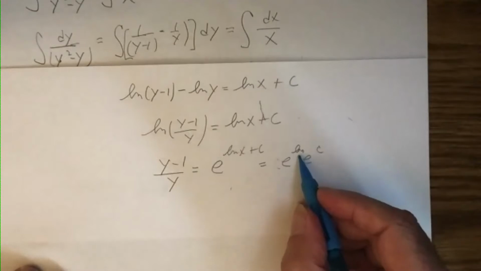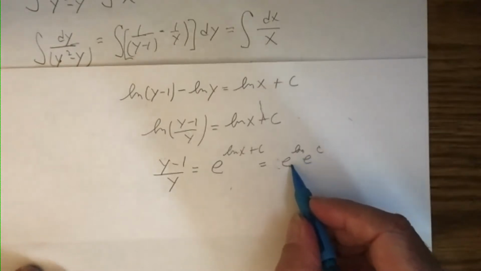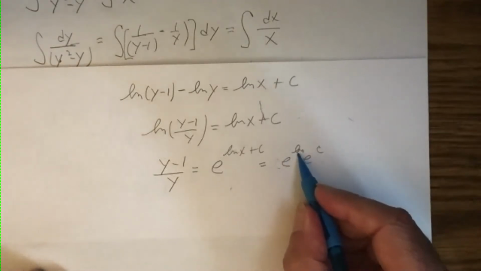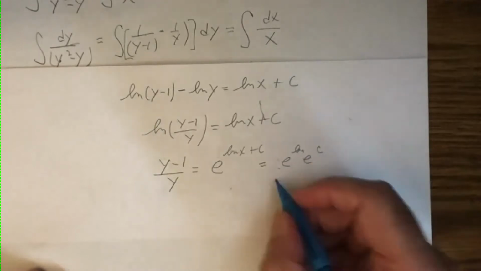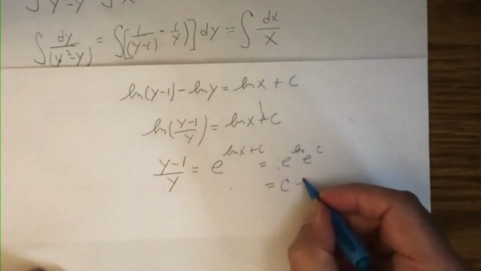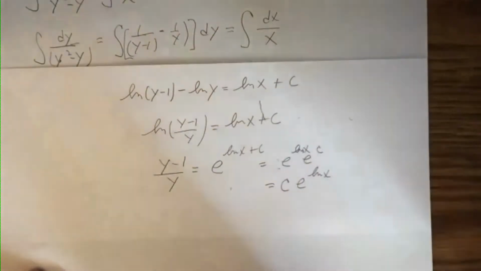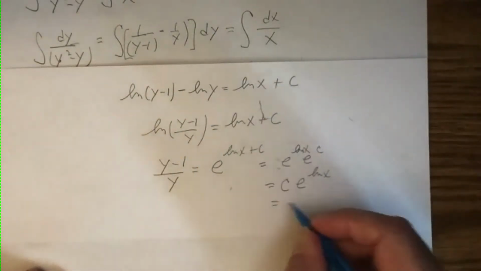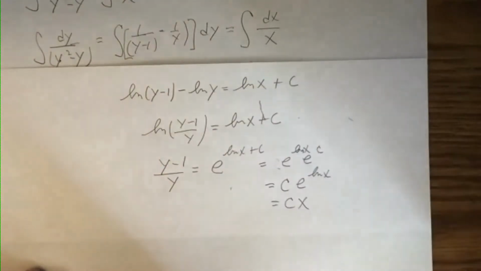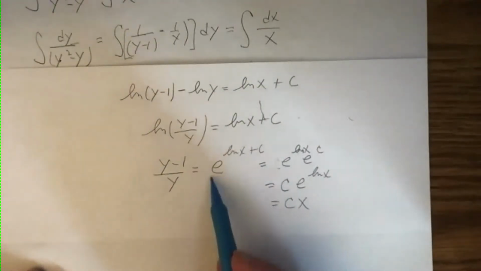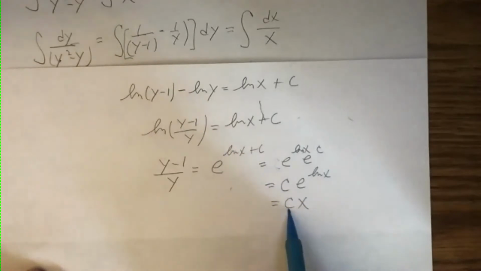I want to make sure everybody understands. This is e to the natural log of x, and then e to the c, which I can write as c times x. So I want everybody to understand that's what this is. This is c times x.